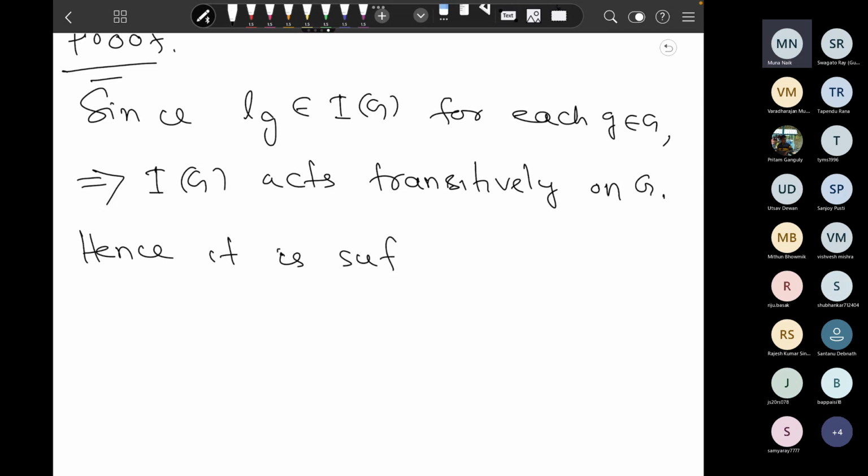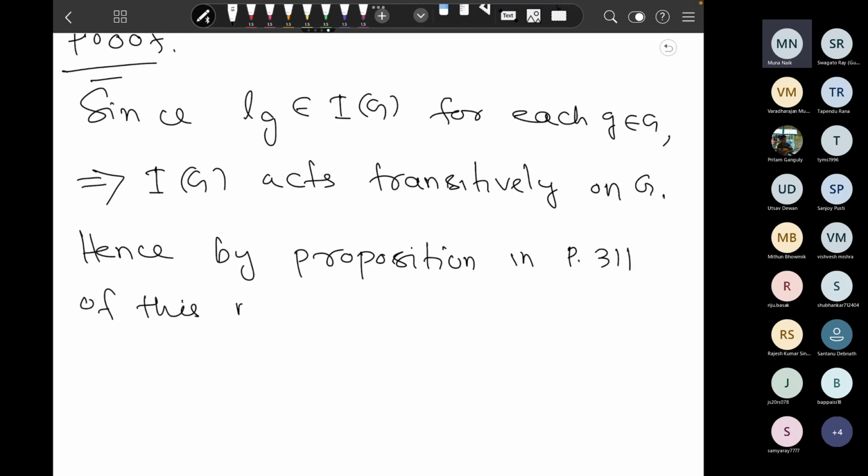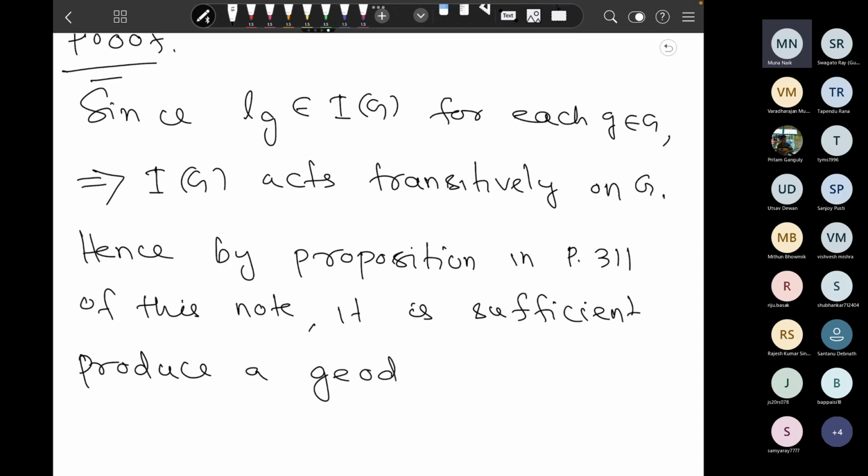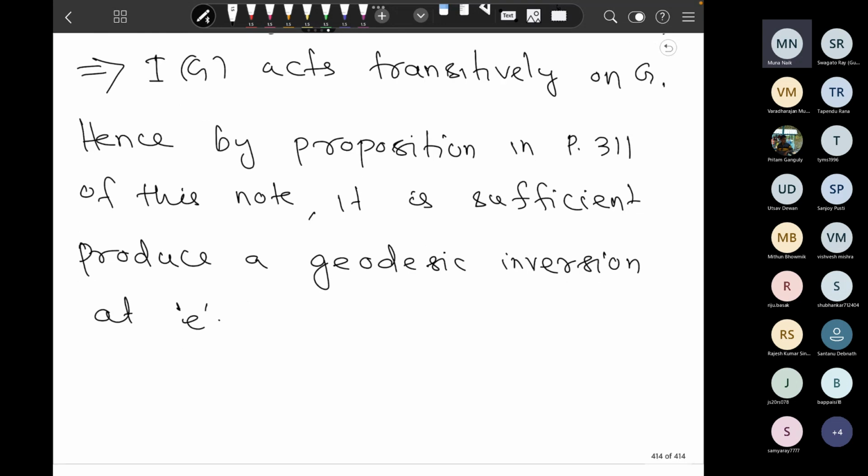So by that proposition, which is on page 311 of this note, it is sufficient to produce a geodesic inversion at the identity.